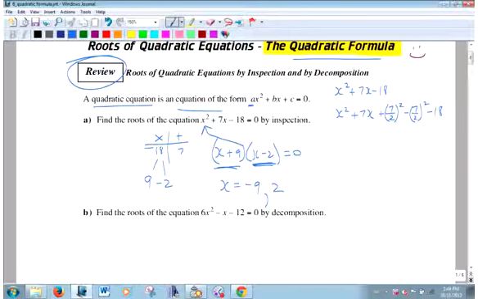Okay? What can I do with the first three? Complete the square. Okay? And what does this stuff become? That's minus 49 fourths minus 18.